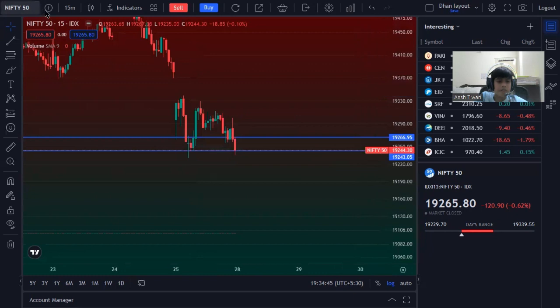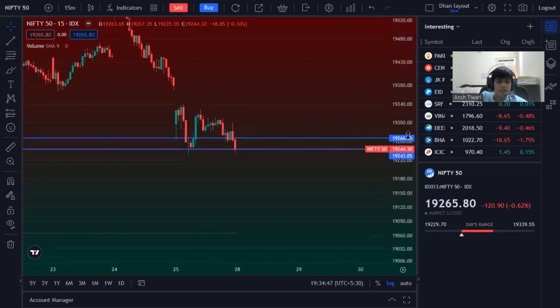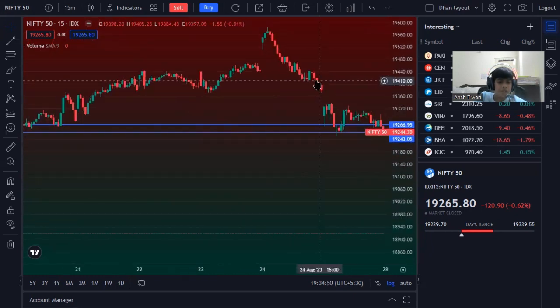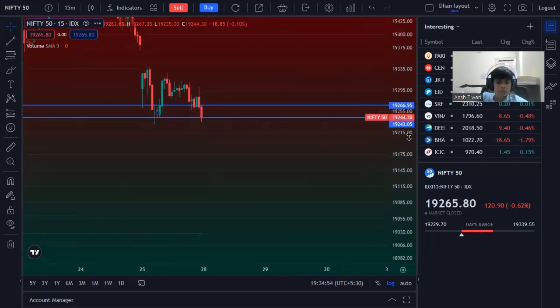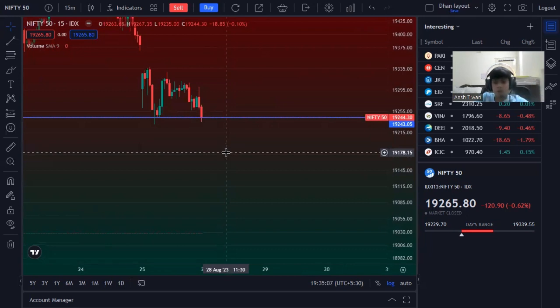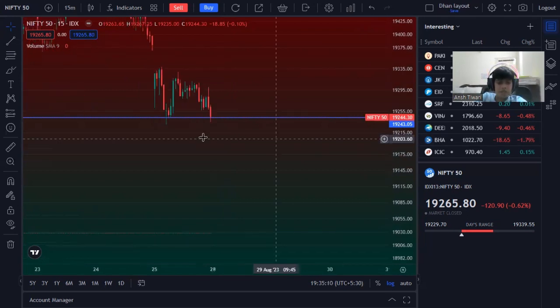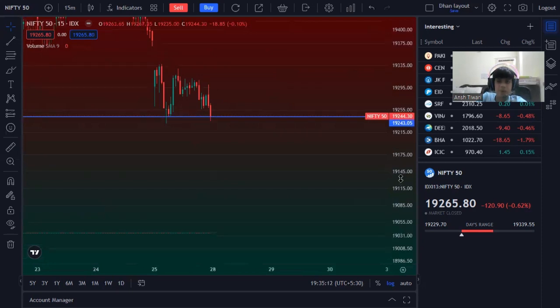So now we will look at a 15-minute time frame. And in the 15-minute time frame, you can see that the upper support here has also been taken as a support by the markets, but has been breached very easily over here and over here. So we will remove this line as it is not as important as 19,243. This line here, we can see that this is a very nice support.